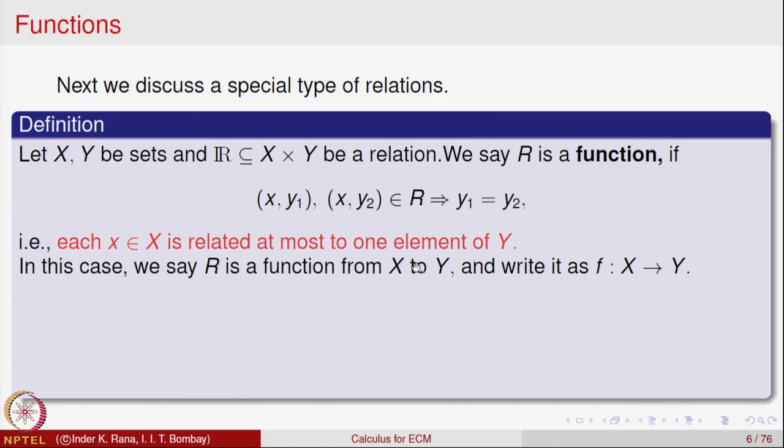So, it is a relation between elements of X and Y, and it has a special property that each element of X is related to one element of Y. Then we say R is a function.